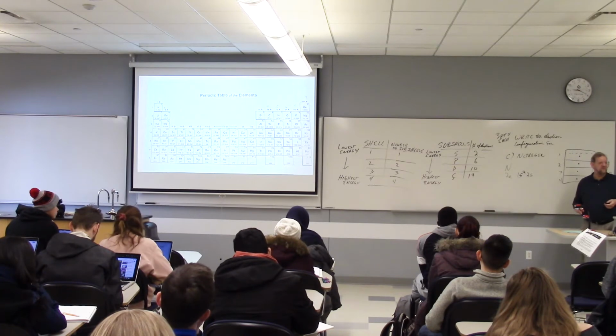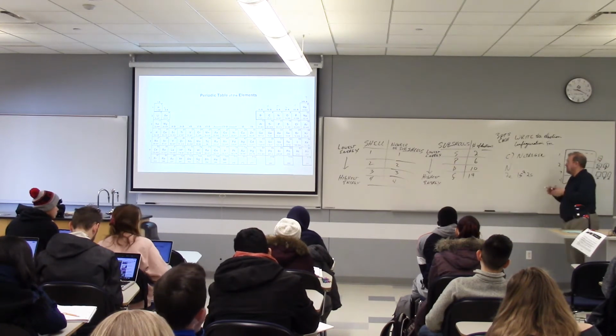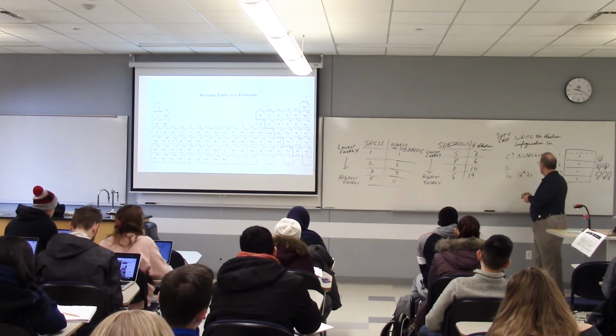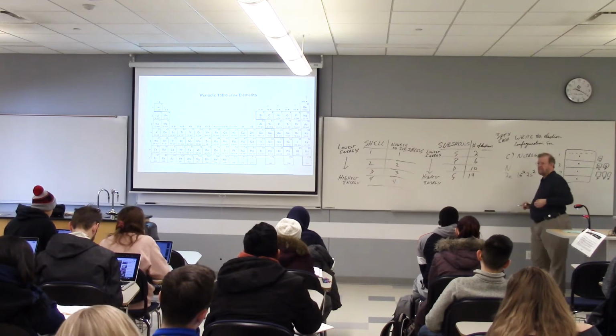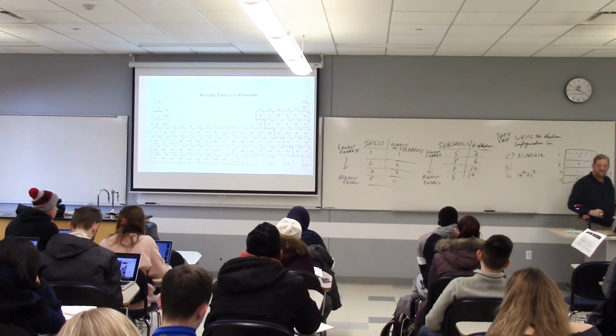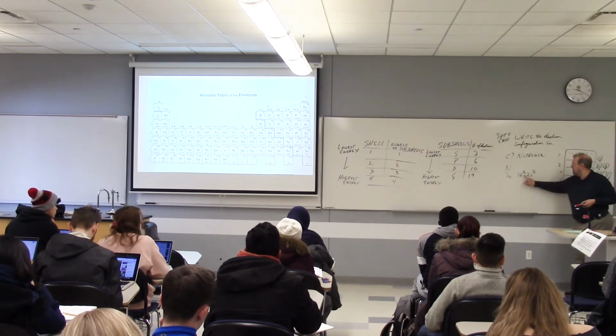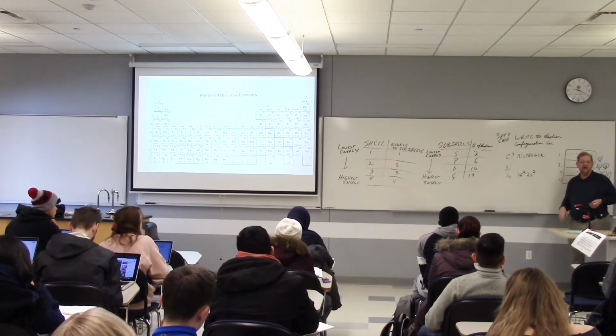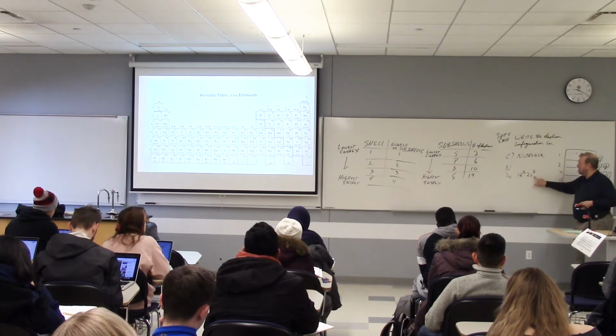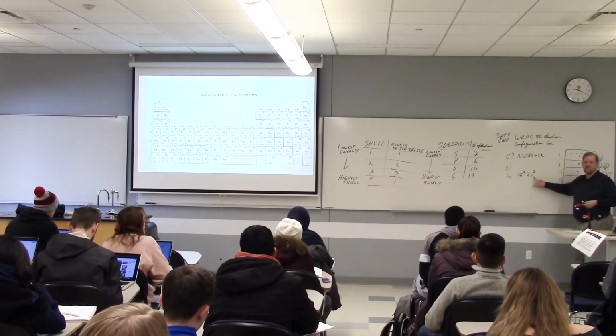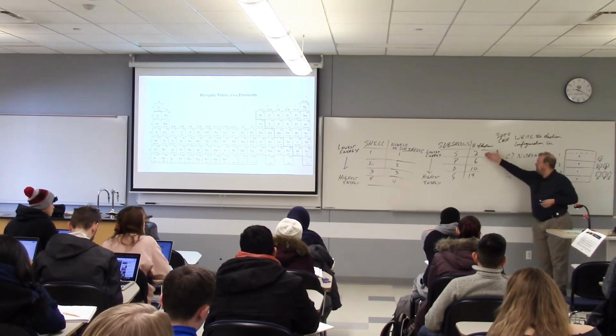How many electrons can I put in 2S? 2. Am I done? No, because I have 7 electrons and I've only shown 2 plus 2, 4. So I have 3 more to go. How many electrons can I put in 2S? 2.